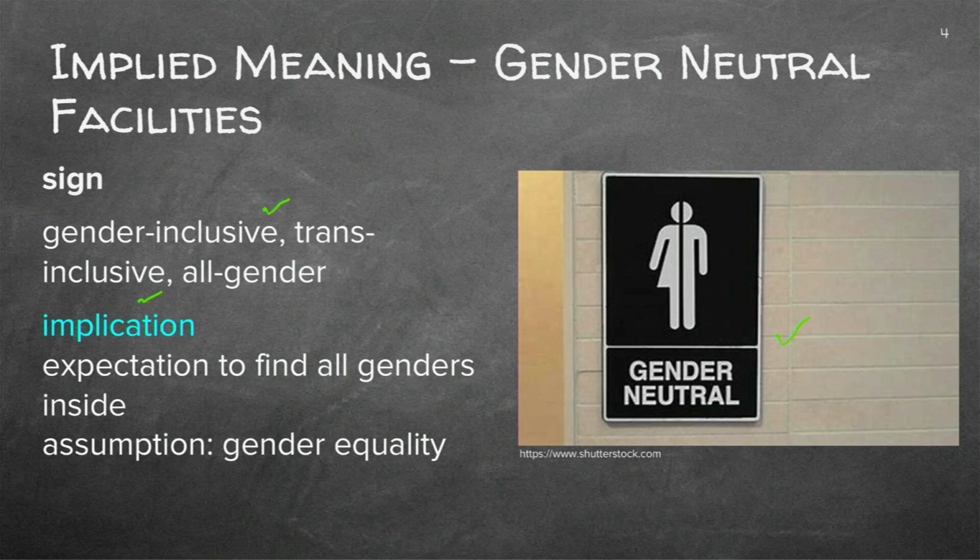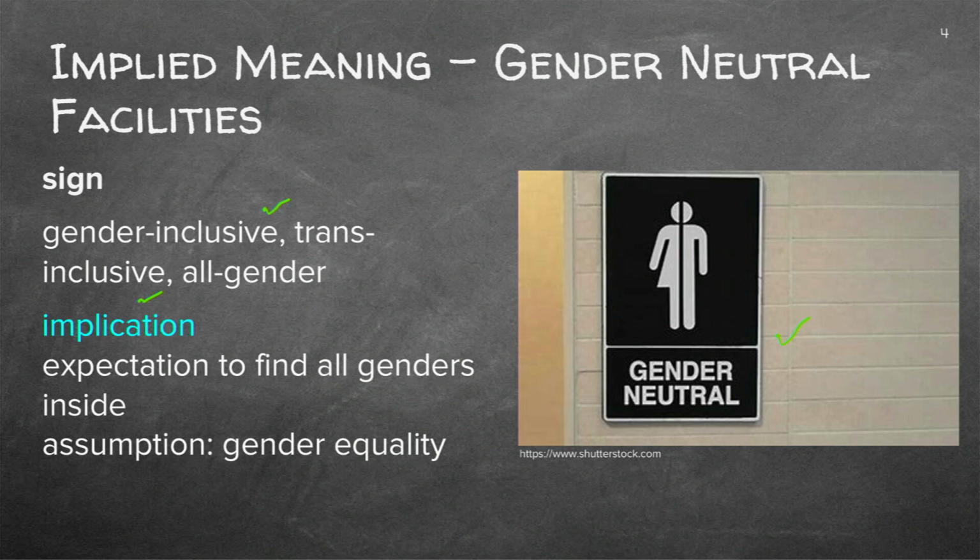But together with that meaning, there is also an implied meaning, an implication, that should you go inside that facility, you are going to find all genders inside. You're going to expect all genders inside.